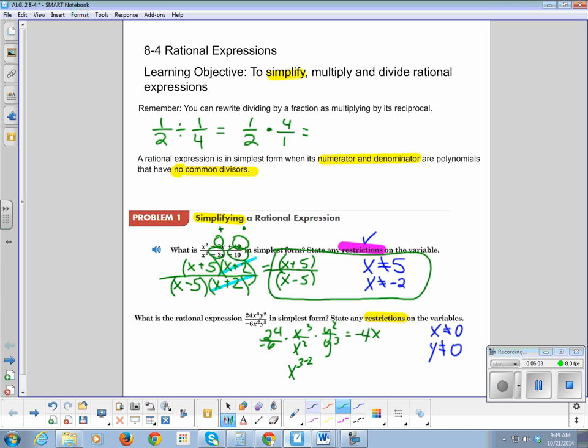And then, in simplest form, we want to keep our y value with a positive exponent. How do I write y to the negative 1 with a positive exponent? Yeah, so it would go 1 over y, or negative 4x over y.